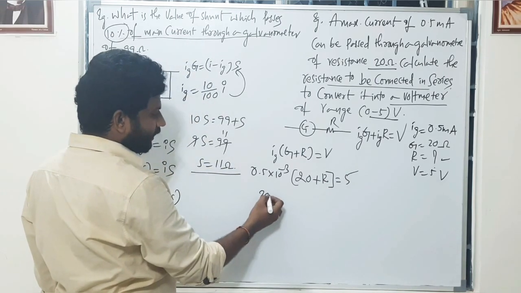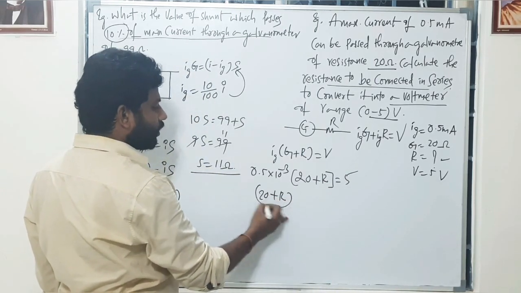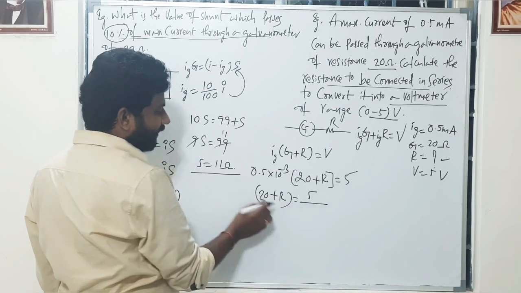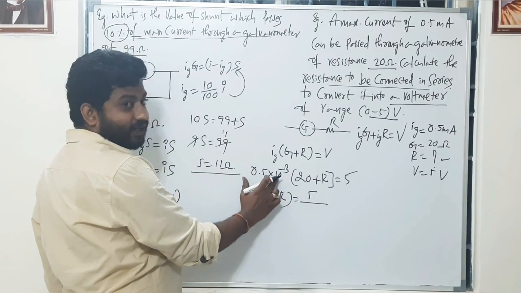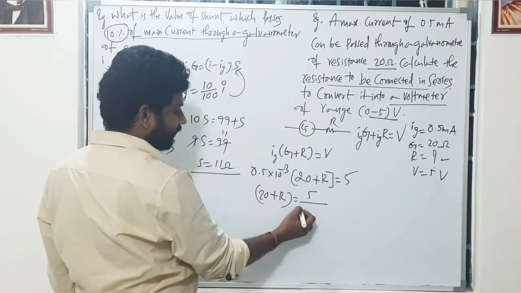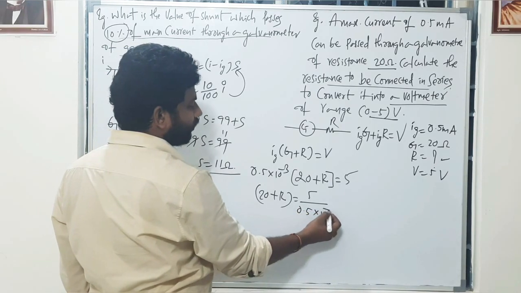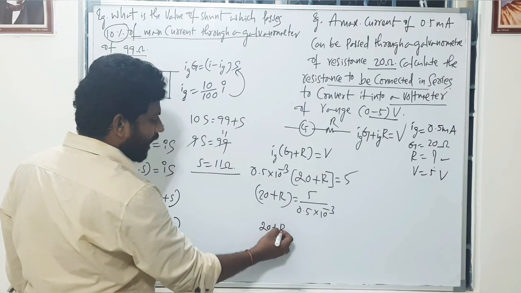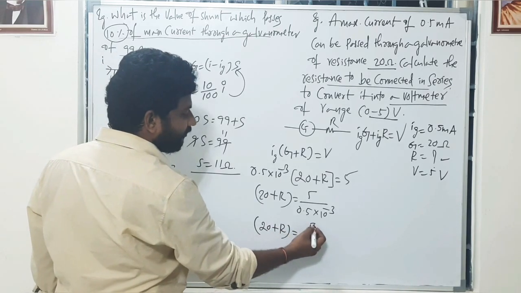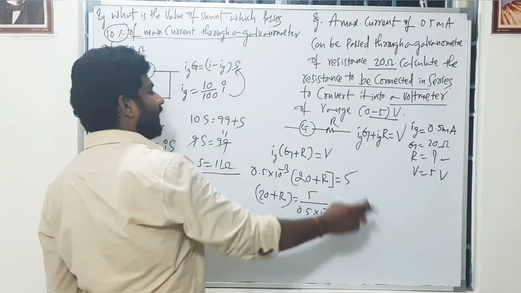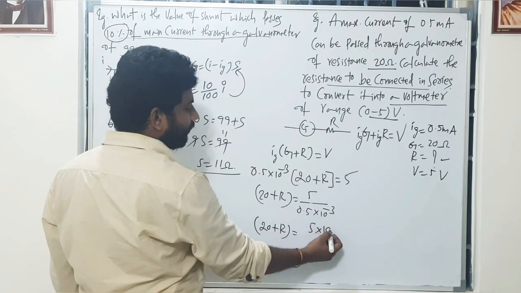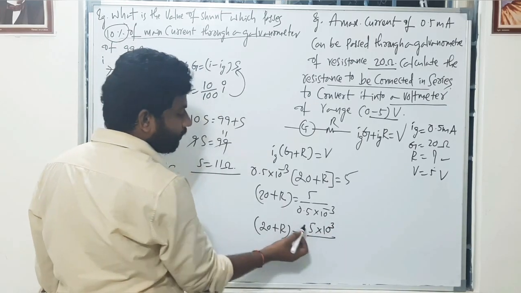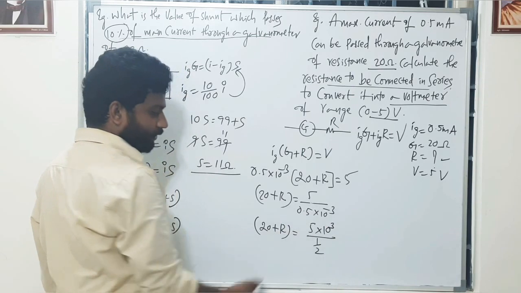So I can write 20 plus R is equal to 5 divided by 0.5 into 10 to the power minus 3. And this 10 raised to minus 3 goes to the numerator, so that will become 10 raised to 3 divided by 0.5, which means 1 by 2.